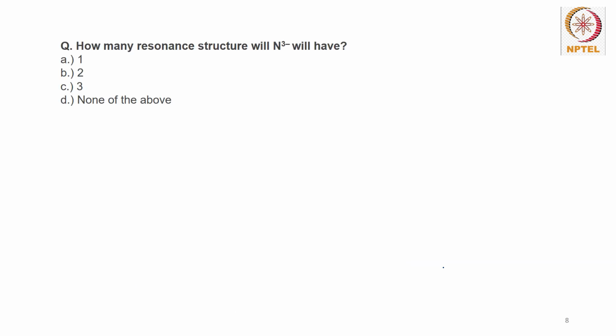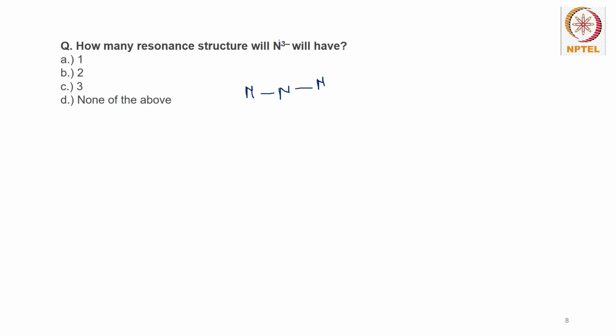Then try to solve our next question. How many resonating structures will N3 minus have? N3 minus. This is the azide anion. You know N3 minus means 3 nitrogens.